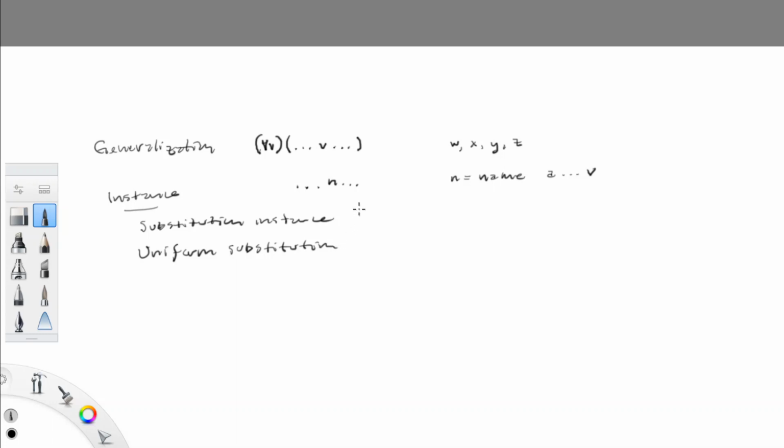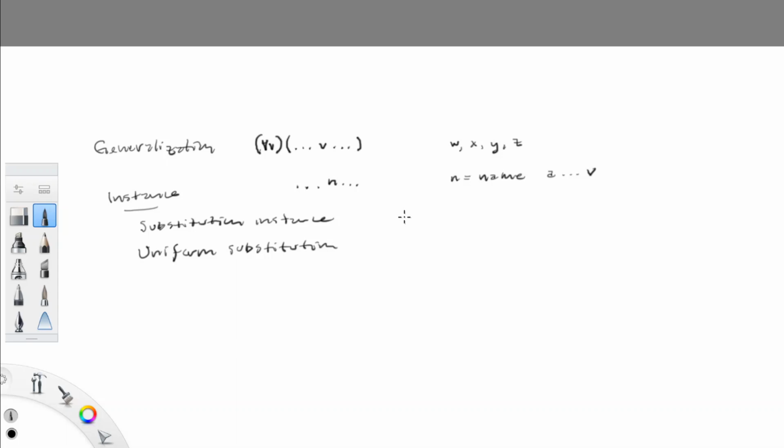And that's because every occurrence of the variable v, whatever the variable of quantification is, every occurrence of that variable will have been replaced by a name, the same name. So it's a uniform substitution. All occurrences of the variable have been replaced with the same name. And that's all a substitution instance is, or a uniform substitution instance is.